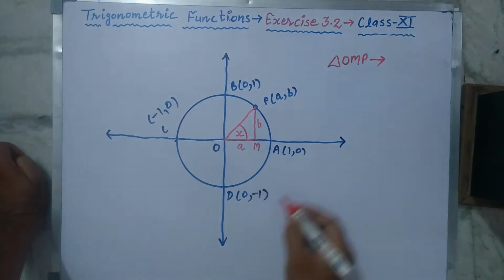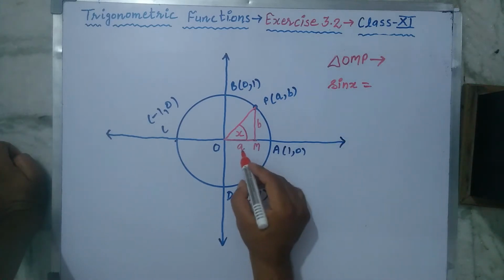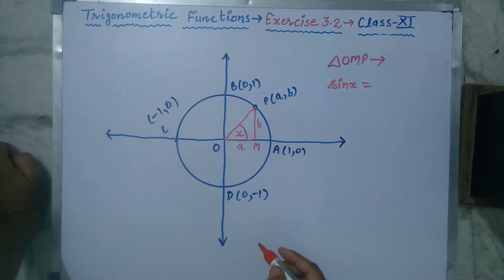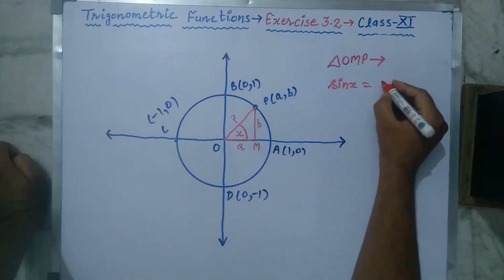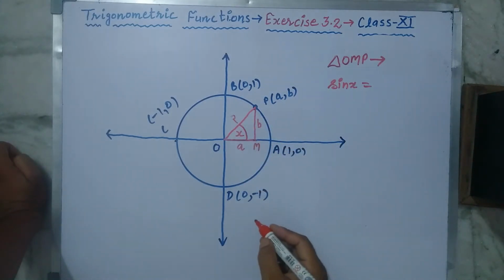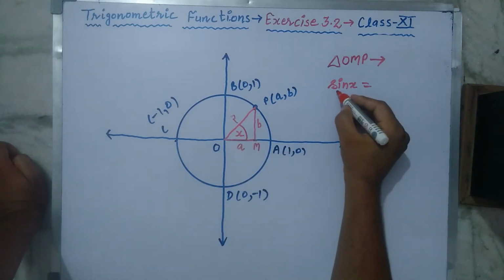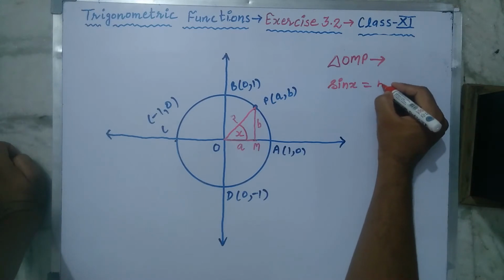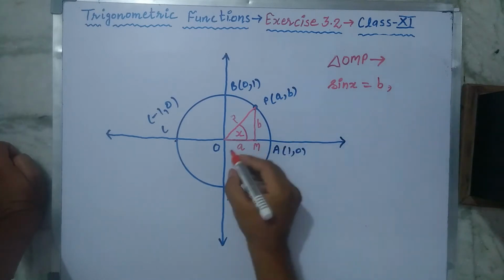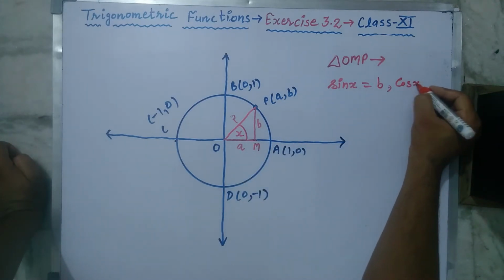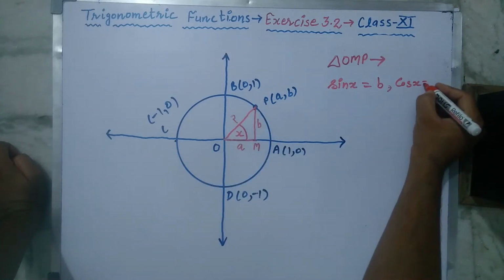Number 1, what is sine of x? Sin x means perpendicular upon hypotenuse. So first of all, what is hypotenuse? Because this is a unit circle, the hypotenuse h is equal to 1. So perpendicular upon hypotenuse, that is b upon 1, is equal to sin x. Similarly, what is cos x? Cos of x means base upon hypotenuse, a upon 1, that is equal to a.